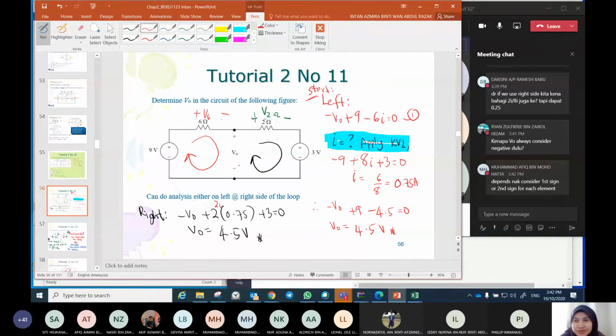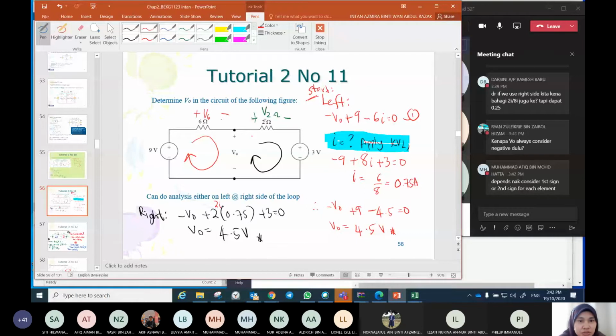Let's say on the right side you want to start with the second sign. This is the first sign, because the current will flow like this and we meet the negative of V naught first and then positive.